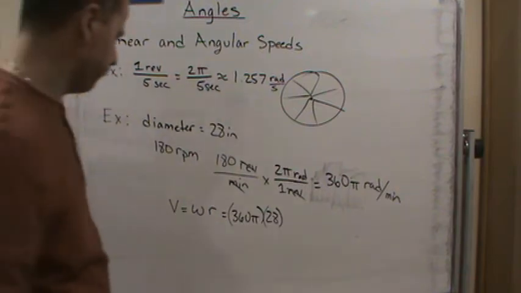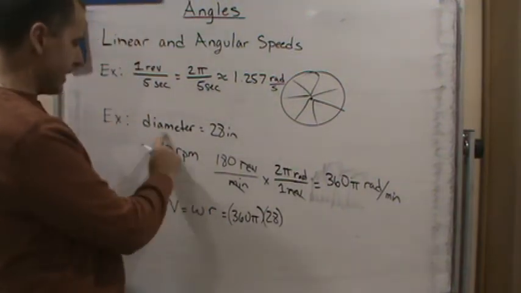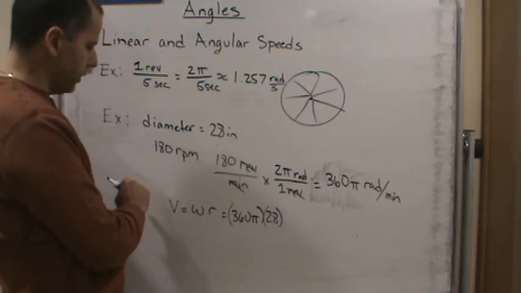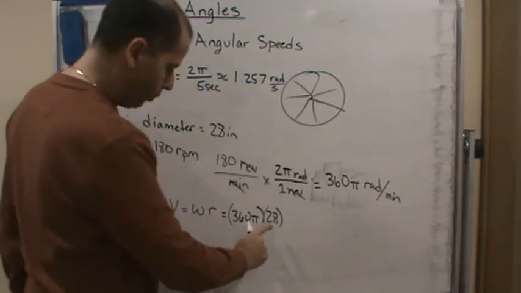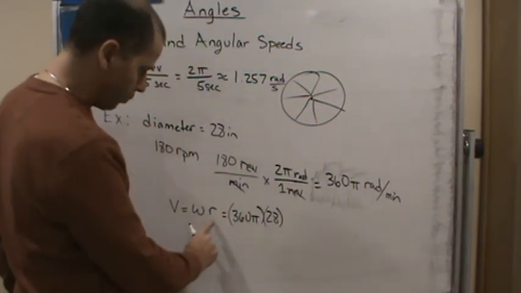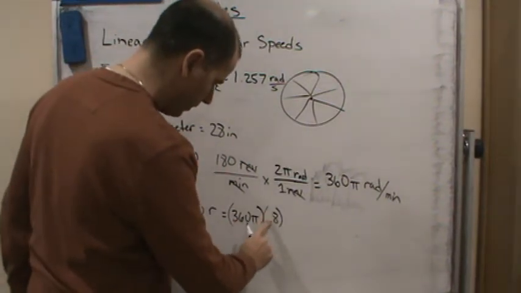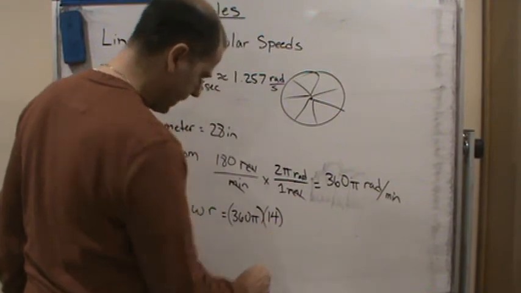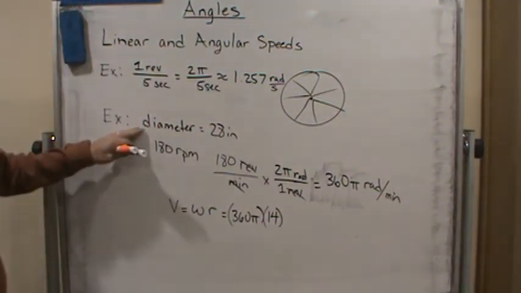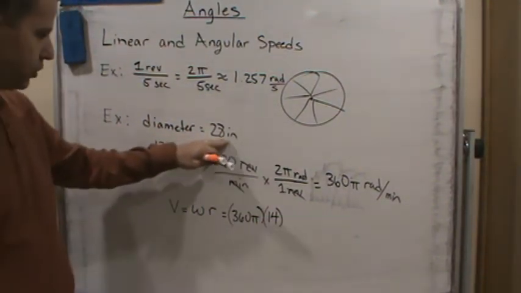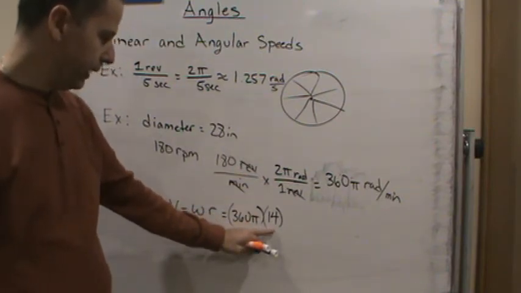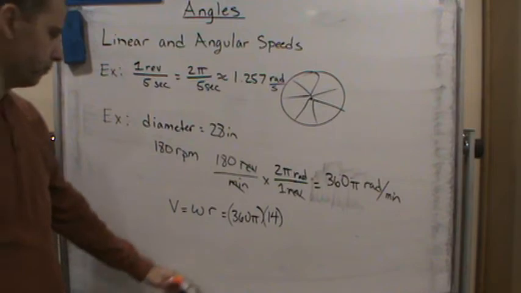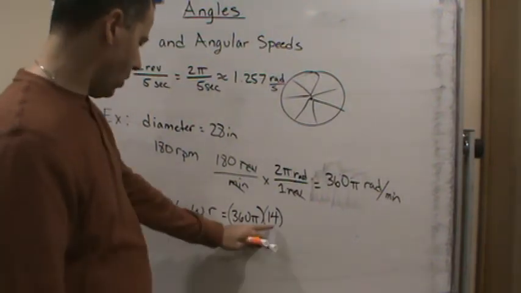Wait a minute, no, I almost made a mistake. This is diameter, which means I don't want this. It's not the radius. Radius is half of this. See, I almost made the mistake. Don't make that mistake. The problem gave us the diameter, but we need to put in the radius.